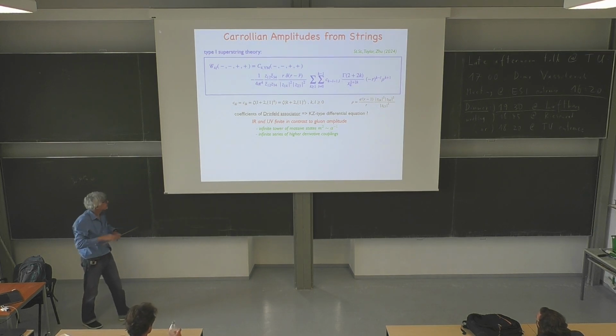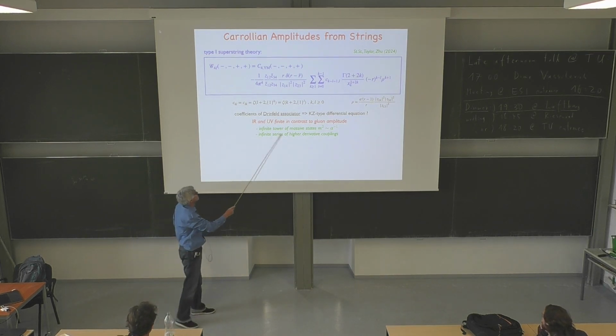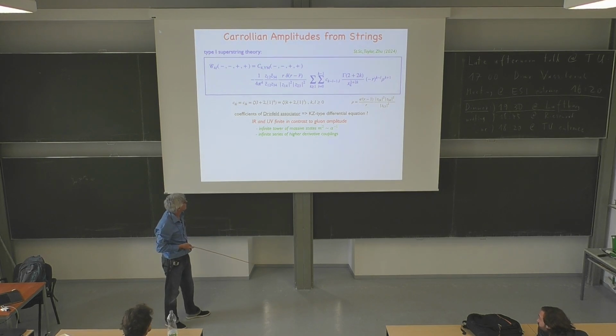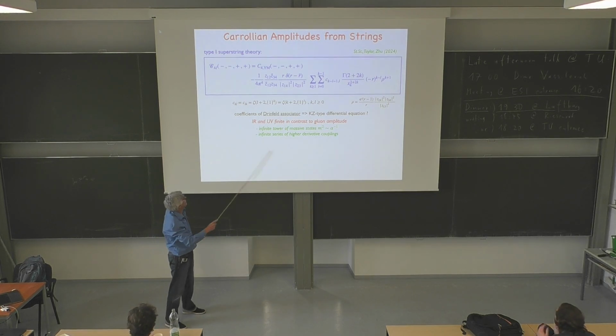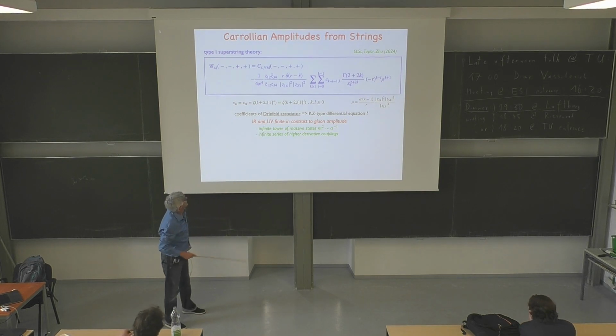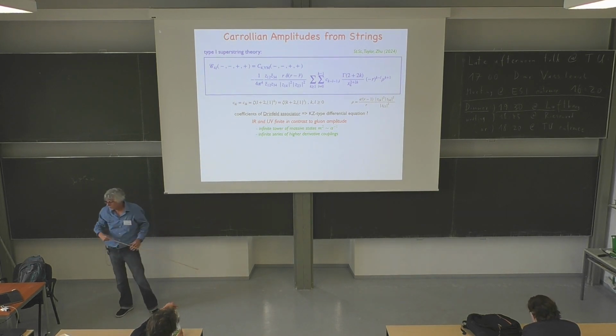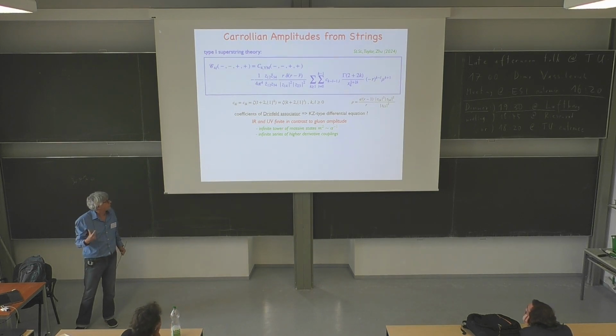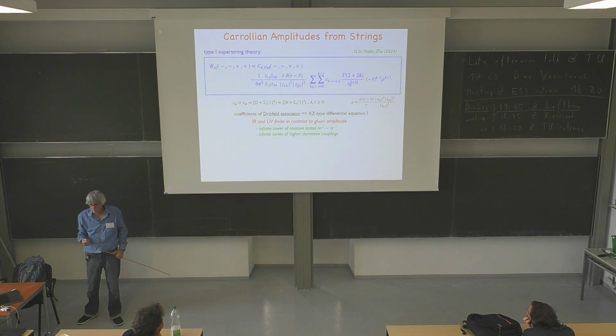From the string point of view, in string theory you have an infinite tower of massive states, which depend on the inverse string tension alpha prime. At the level of these Carrollian amplitudes, this gives you an infinite series of higher derivative couplings, which are then described by these Carrollian amplitudes.